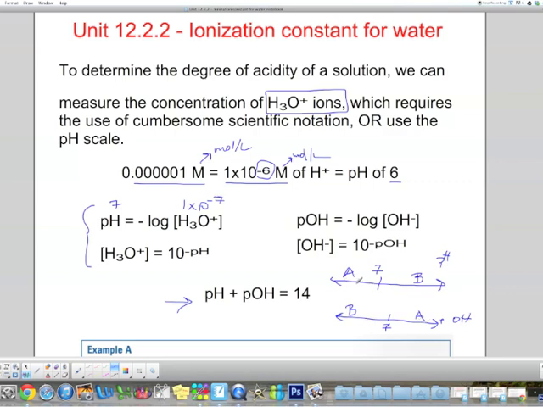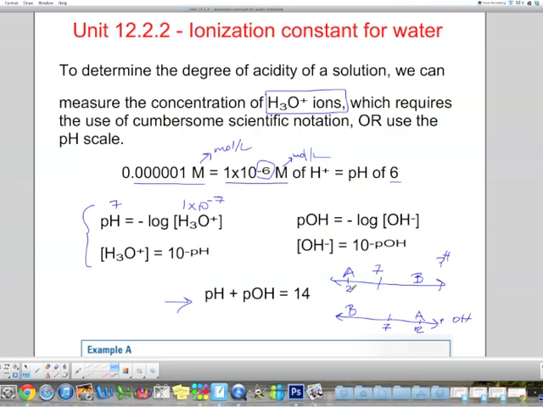So for example, if I have a pH of 2, okay, so it's very acidic. So 2 is 5 points away from 7. If I look on the other scale, 7 plus 5 is 12, right? So the converse on this scale would be 12. So a substance that is pH 2 would have a pOH of 12.